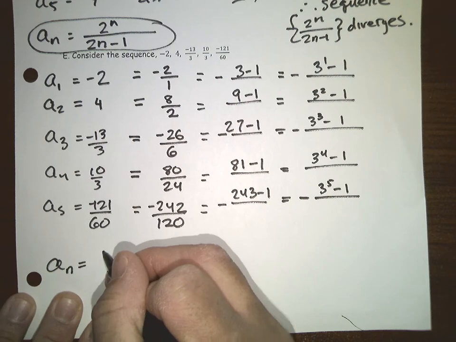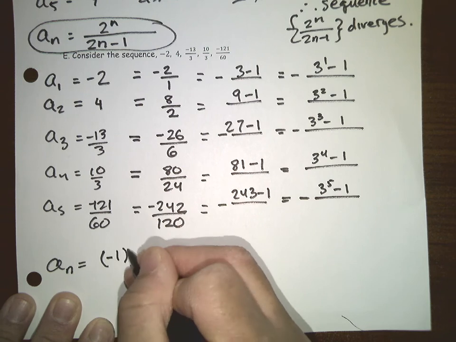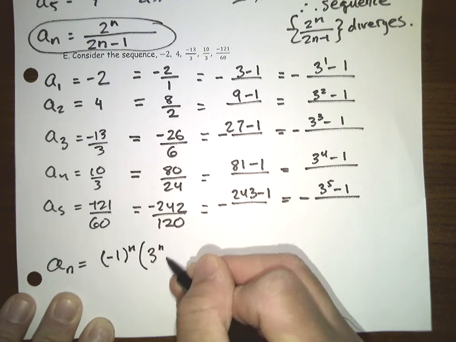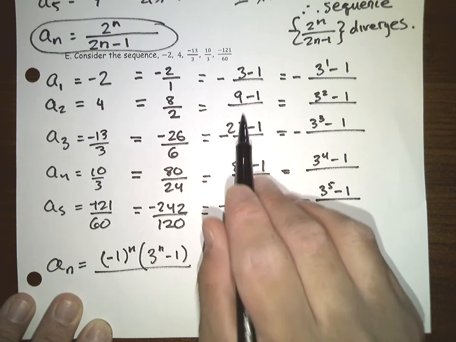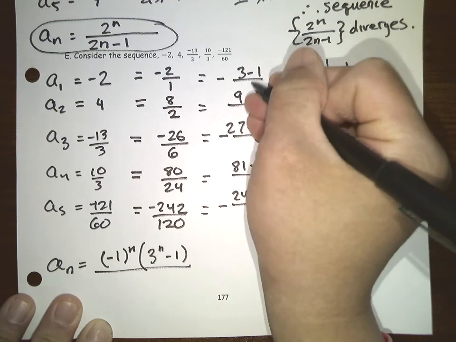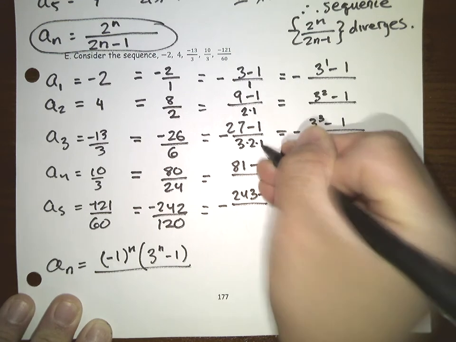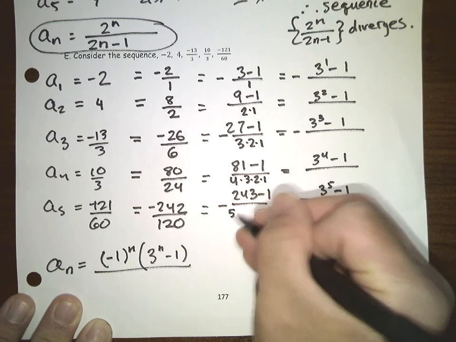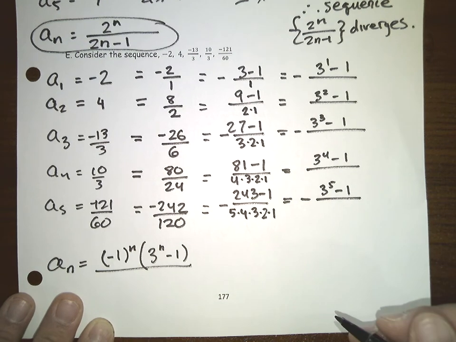So if I want to start by alternating the negatives, I have -1 to the nth power, which will make every other term negative, starting with the first one. Then I have 3 to the n minus 1, and now I just have to deal with the denominator. The pattern of 1, 2, 6, 24, 120, if you don't recognize that, I have 1, and then 2 times 1 is 2, then 3 times 2 times 1 is 6, then 4 times 3 times 2 times 1 is 24, and then 5 times 4 times 3 times 2 times 1 is 120, and those are the factorials.